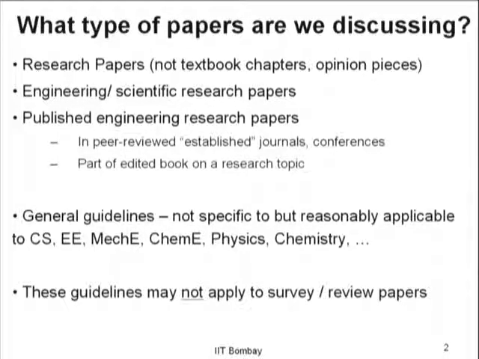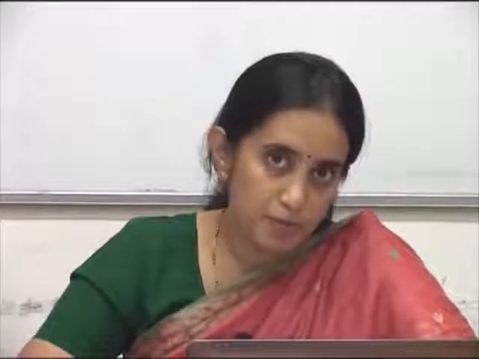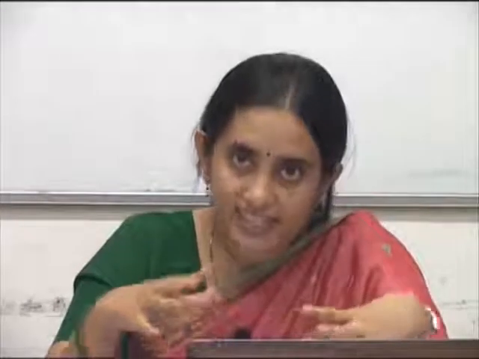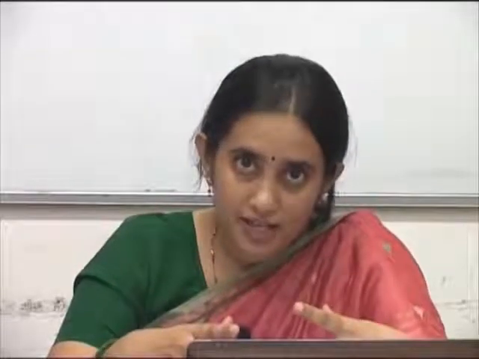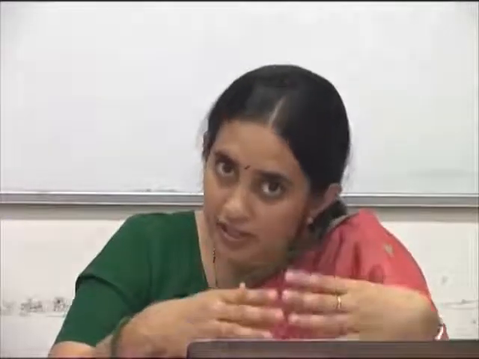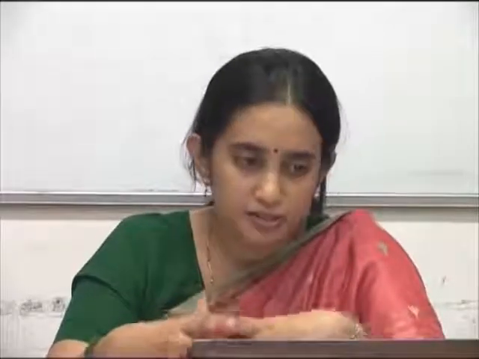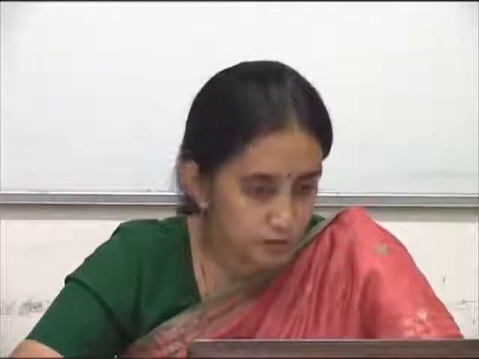Sometimes what happens is some certain research papers in a specific topic are collected and edited in the form of a book. So, these are papers written by different people, but they are edited and collected together. So, some of these papers you might find in such a book too.